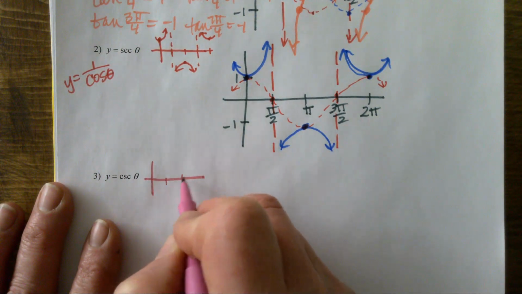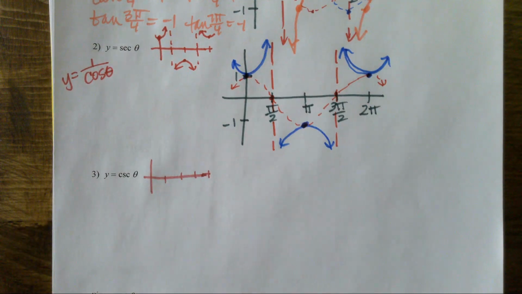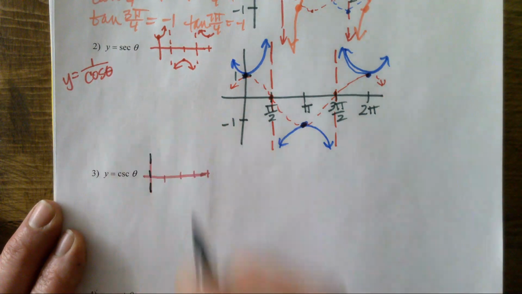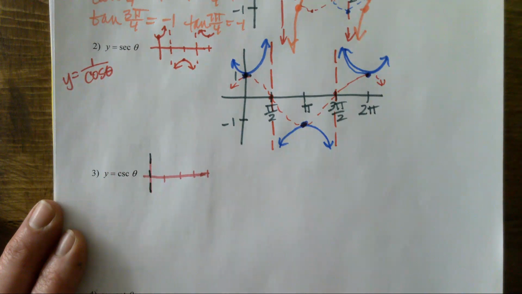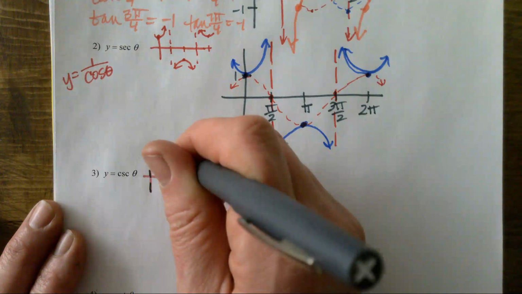1, 2, 3, 4. Again, 4 little tick marks based off of the 4 quadrants. I'm going to change color because my asymptote is on the axis. So I have an asymptote on the y-axis. I skip the first tick mark, I go to the second tick mark.